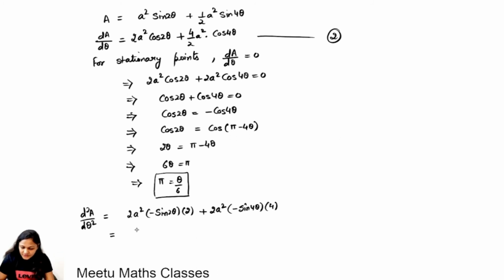This is equal to minus 4a square common, sin 2 theta plus 2 sin 4 theta. Okay, this is your second derivative.